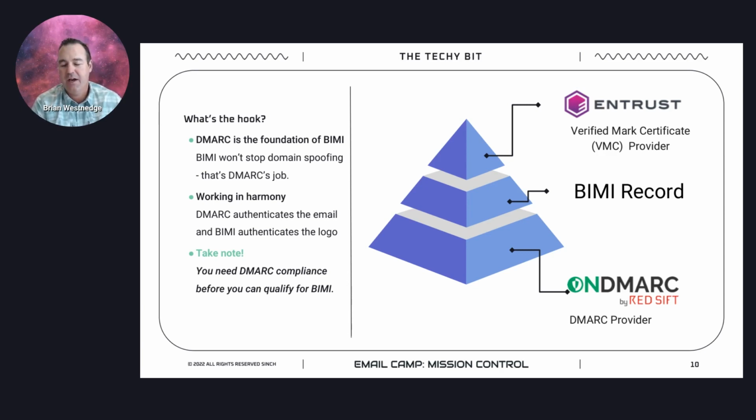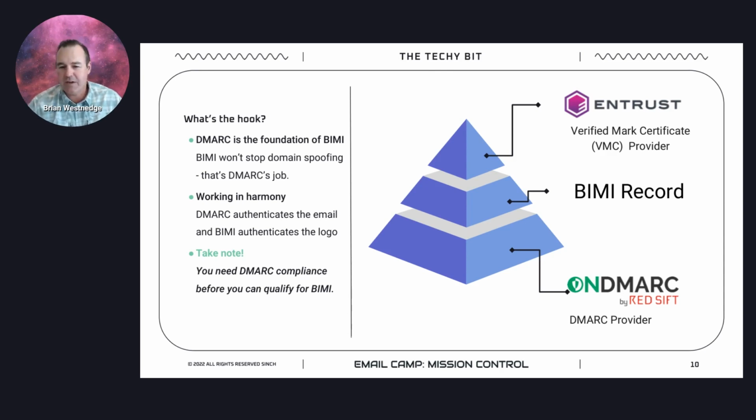That's why BIMI exists. It's to drive interest in DMARC first, and then the reward is, hey, you get this logo display, you get this verified check mark, you get the benefit of driving increased engagement in your campaigns. So BIMI is the carrot to get folks to adopt DMARC.